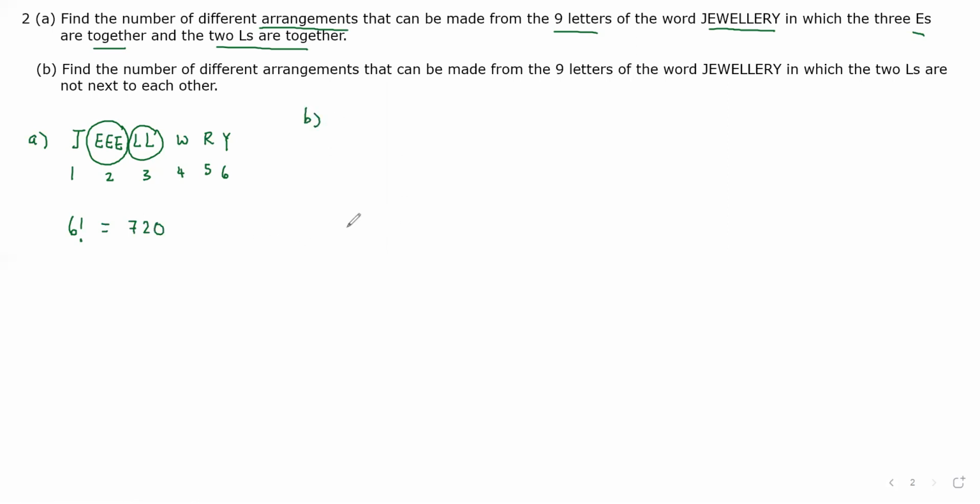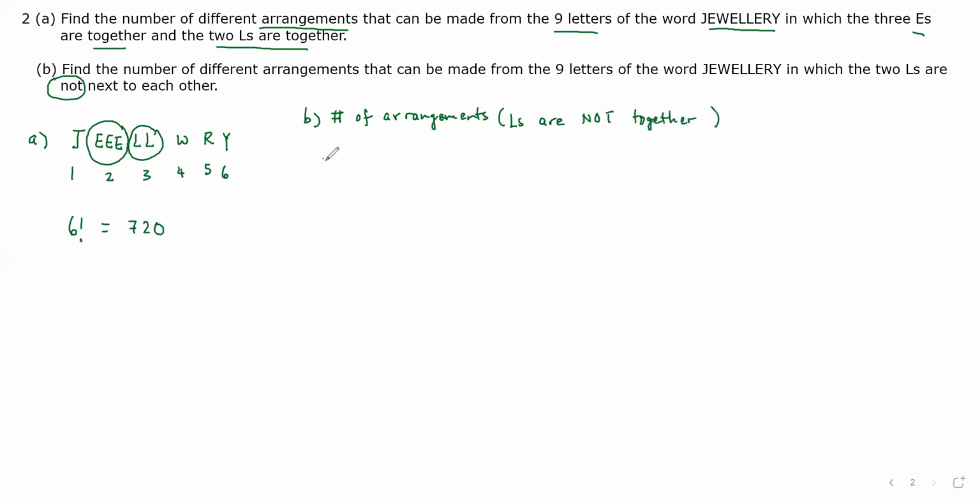Part B. Find the number of different arrangements that can be made from the 9 letters of the word jewelry again, where the 2 L's are not next to each other. So the 2 L's cannot be together. Then we are looking at the number of arrangements where the L's are not together.